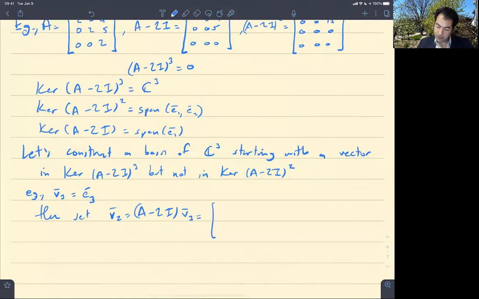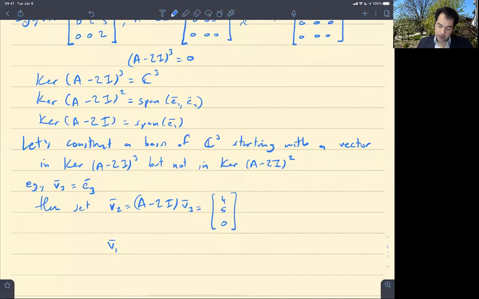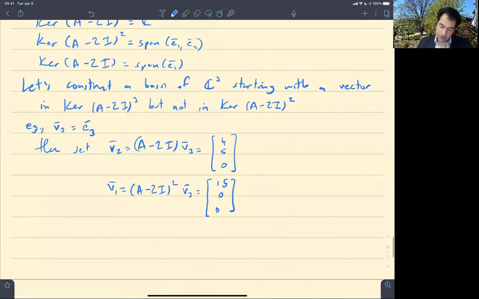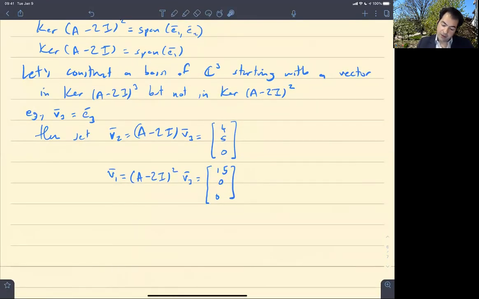So this will be 4, 5, 0. And let's set V1 to be A minus 2 times the identity squared applied to V3, right? So in this case, we would get 15, 0, 0. Right. So notice, I picked a vector that was in the kernel of A minus 2I cubed that's not in the kernel of A minus 2I squared. So I'm guaranteed that V2 and V1, even before I compute them, will not be 0.